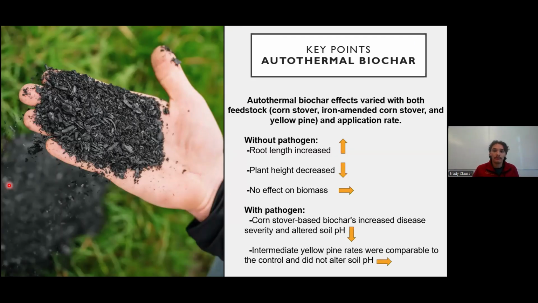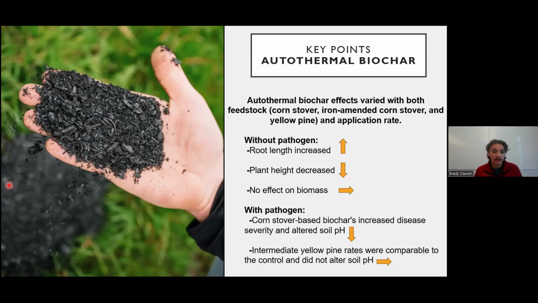So we know both the feedstock and the application rate can impact plant growth when the disease is not there, and when it is there as well. So without the pathogen, baseline plant health performance, we found that the autothermal biochars can increase root length, but there's an associated trade-off of decreased plant height. And then biomass largely had no effect besides the high application rates of yellow pine.